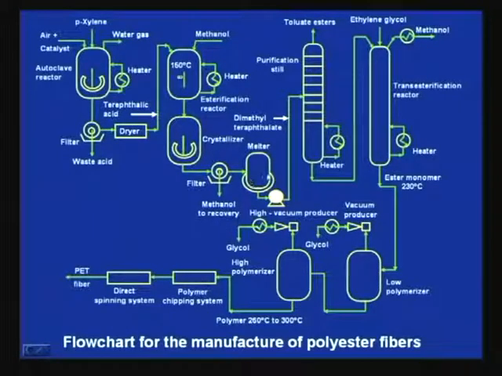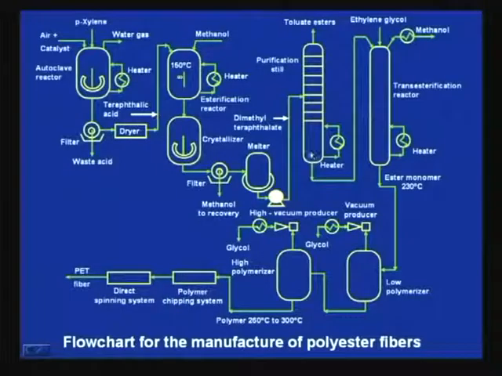Then it passes through a melter where DMT is melted, then molten DMT is pumped for purification, because that may contain some trapped methanol, and if those are not removed, that may affect the polymer molecular weight.